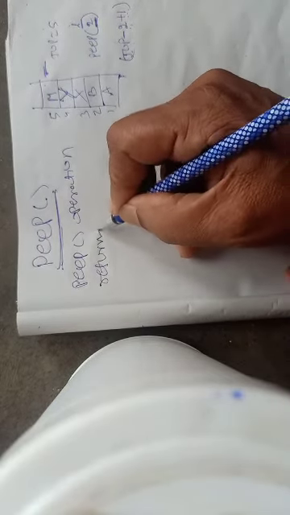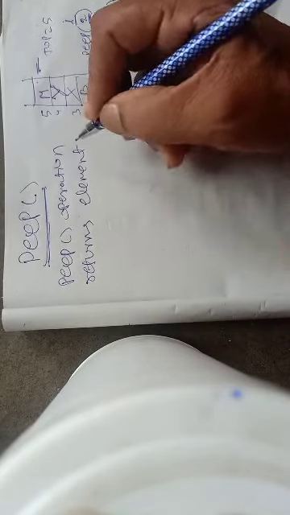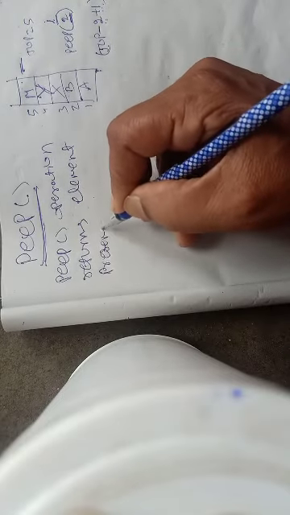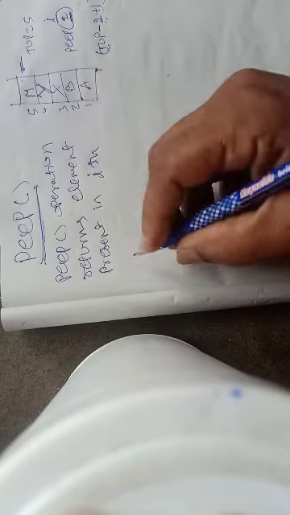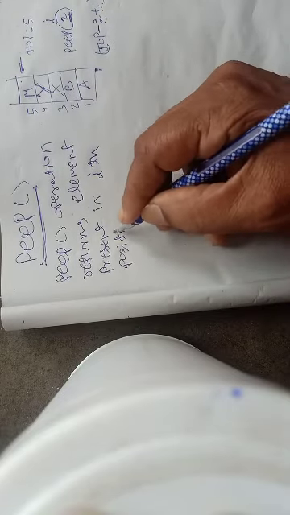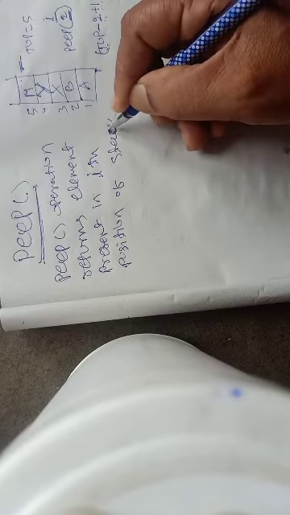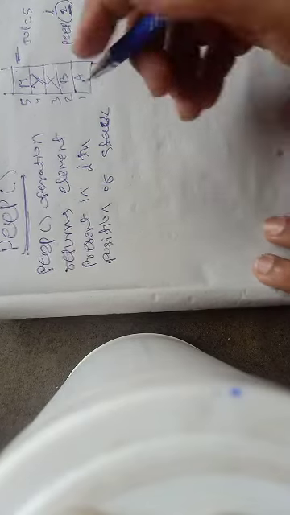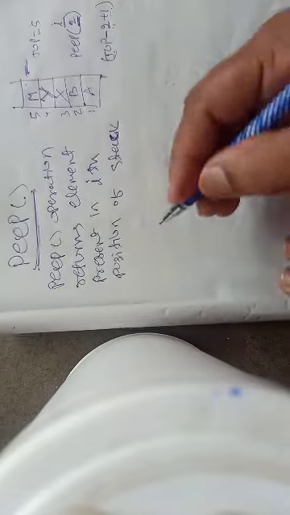returns the element present in the ith position of the stack. When I say ith position, it should be counted from the top, because we are looking at the stack from the top. Okay, so how do we write this algorithm?